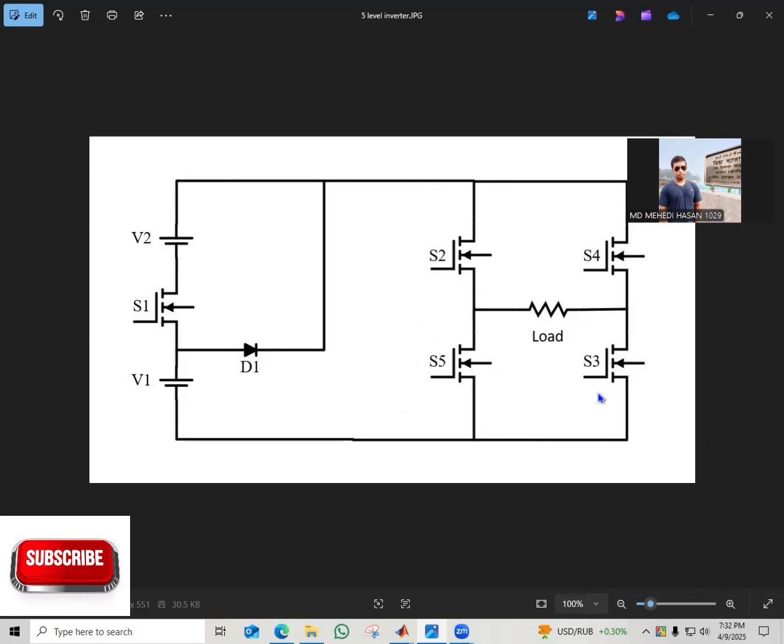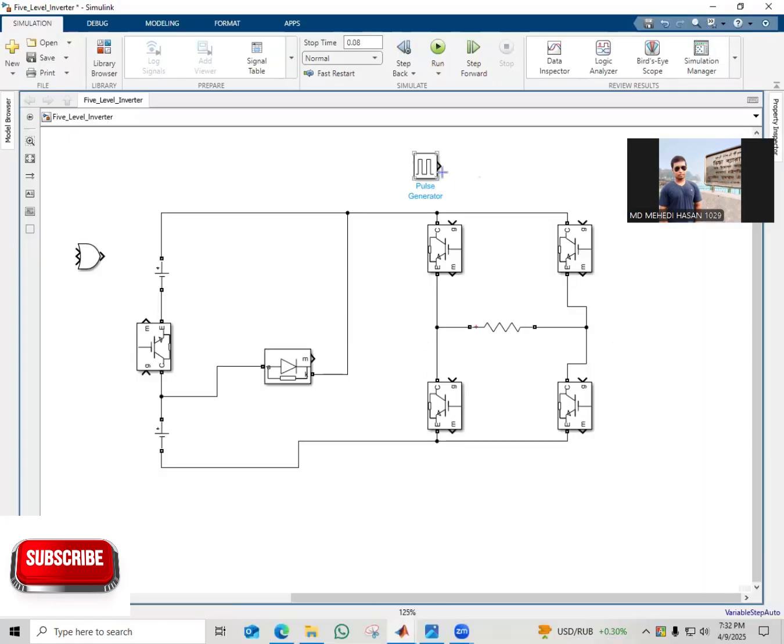So basically the S2 and S3 gates will be shorted through a pulse generator, and the S4 and S5 gate terminals will be shorted through a gate pulse. Also S1 will be given another pulse. So I am applying here, S2 and S3 will be activated by the same pulse.